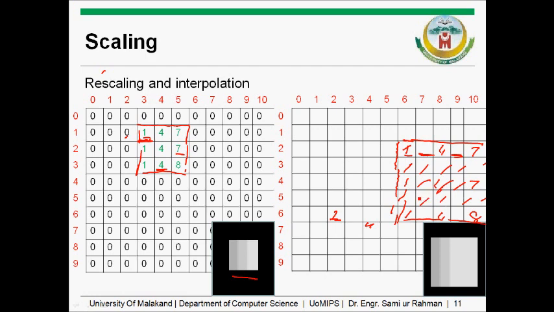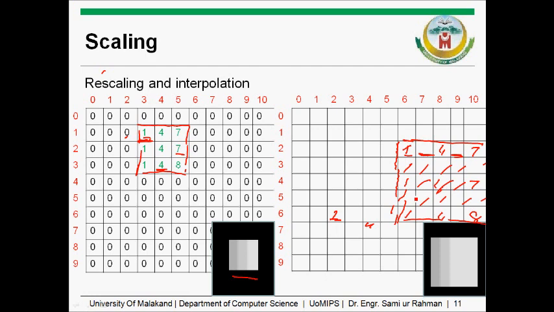Actually, this is not the scaling. Actually, we multiply the number of pixels in X and the number of pixels in Y, and then replace the attached pixels.